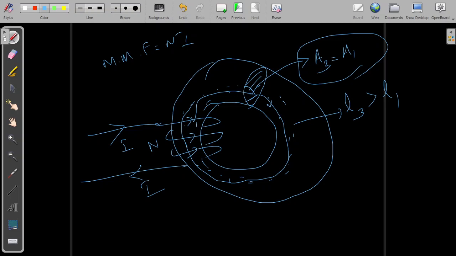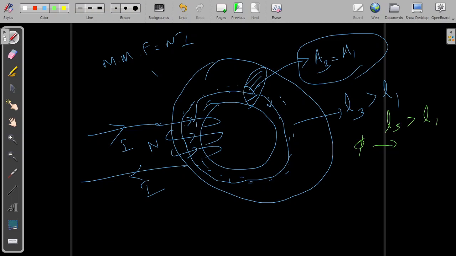by increasing the length, because the flux phi has to travel more length. In this case the flux phi has to travel more length, that is L3, which is greater than L1.